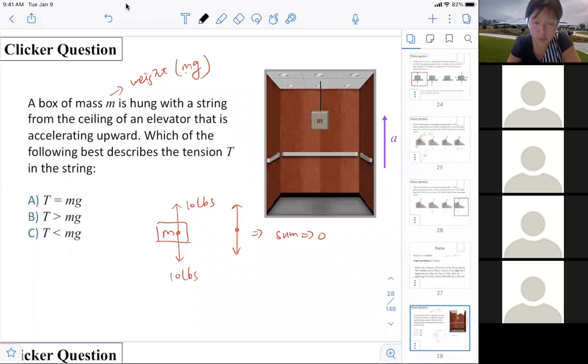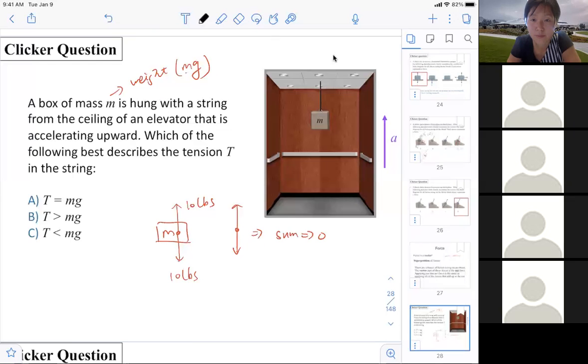So what does Newton's first law say? Can anybody still remember and repeat Newton's first law for us? All objects have a resistance to change in motion.